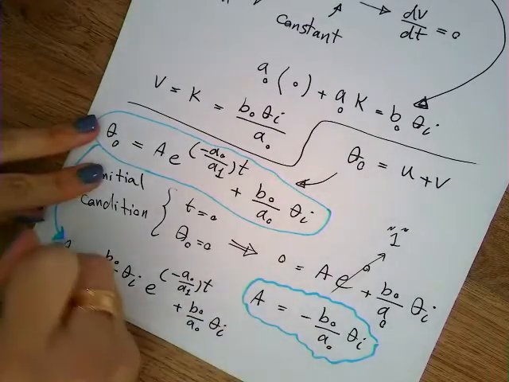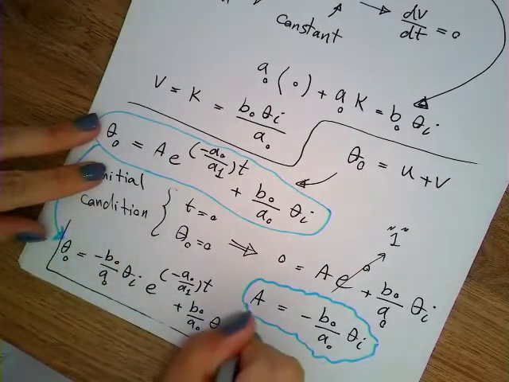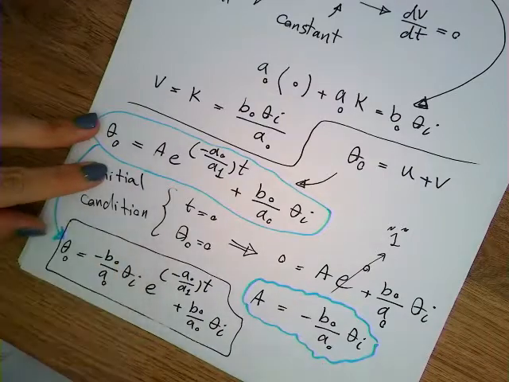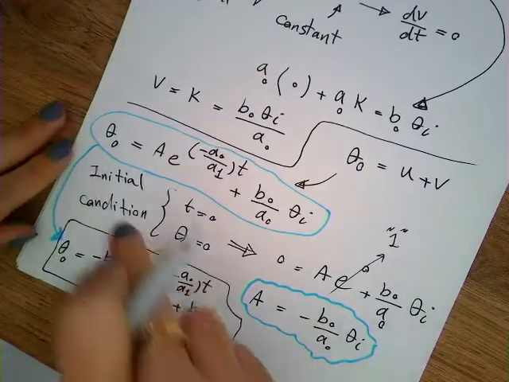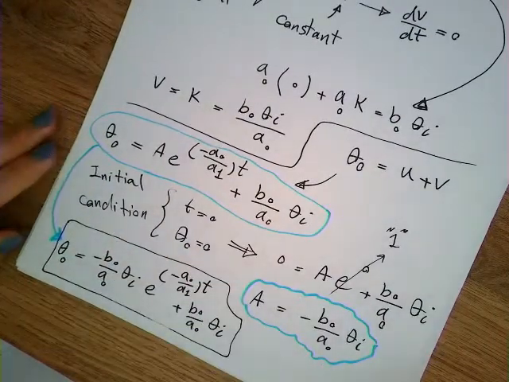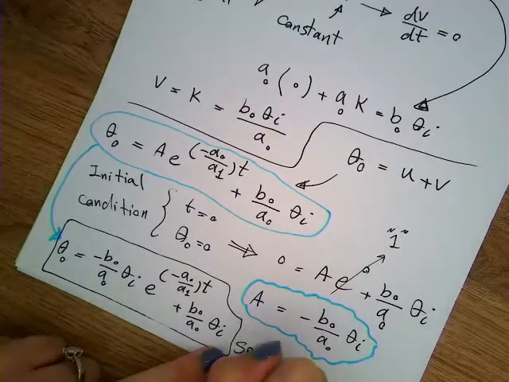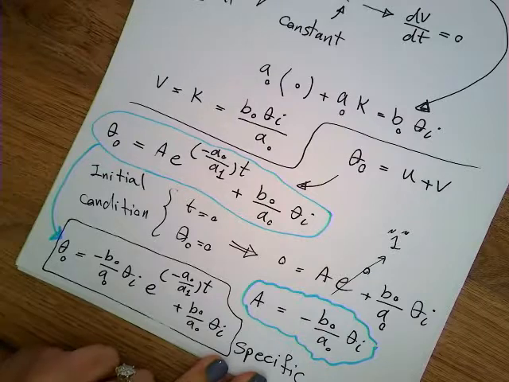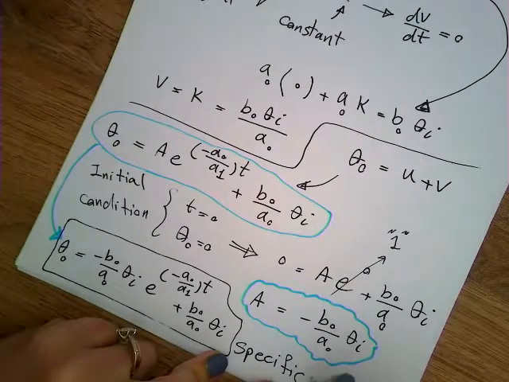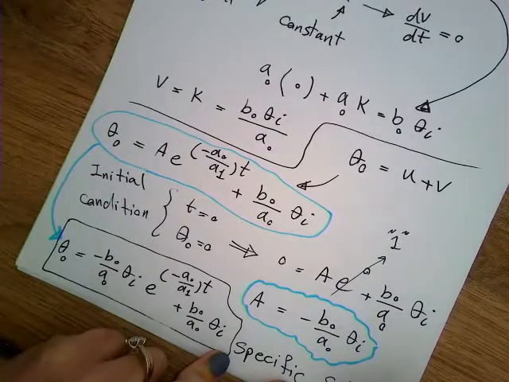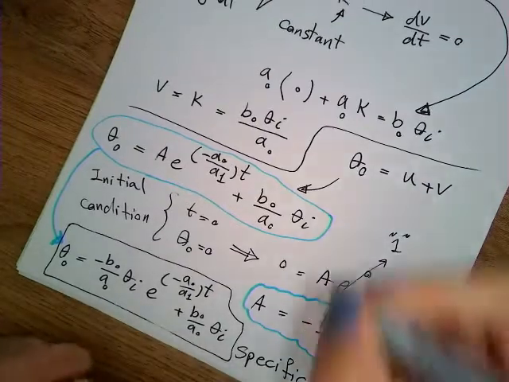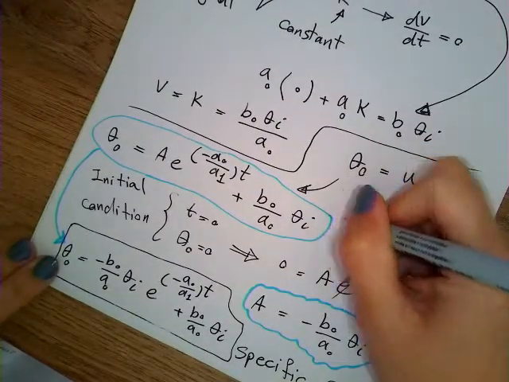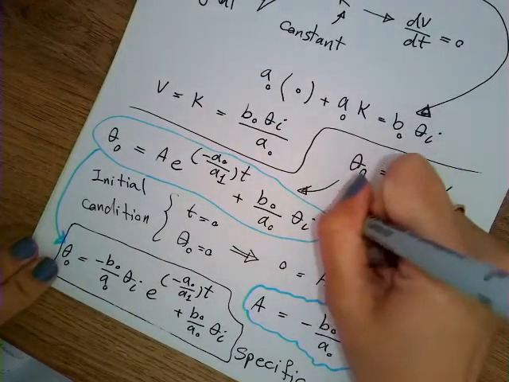So I just replace the constant A because I obtained it based on my initial condition. So this is my specific solution, and that will be my general solution.